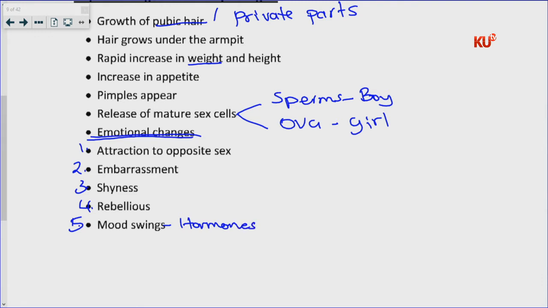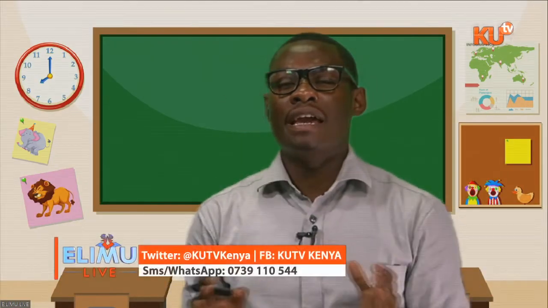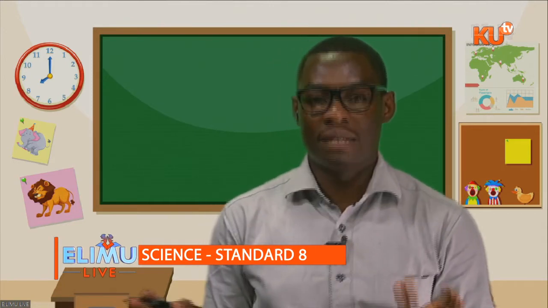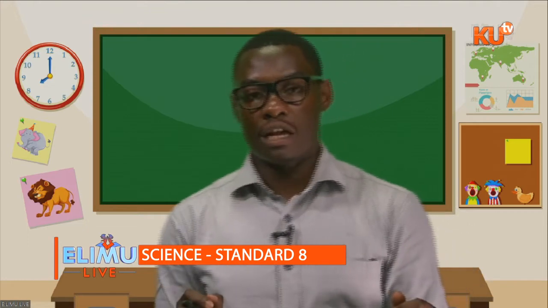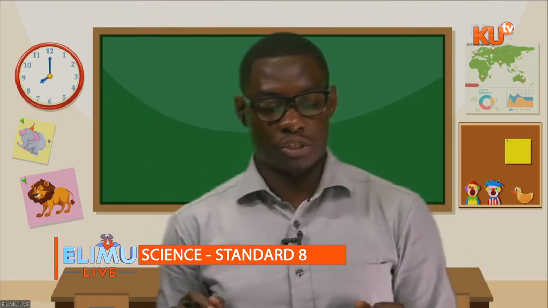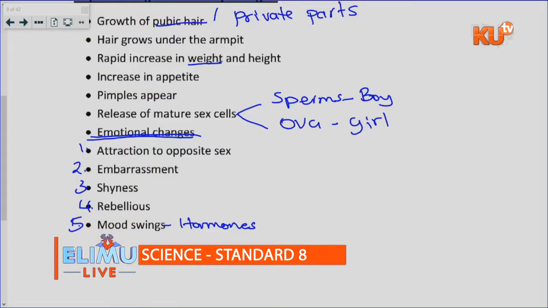Mood swings appear in a way that someone can easily change their mood from being very happy all of a sudden to being extremely sad or extremely bored. Those are what we refer to as mood swings, switching from one mood to the other, and vice versa. In that area, there is a question in KCPE that I want us to look at.